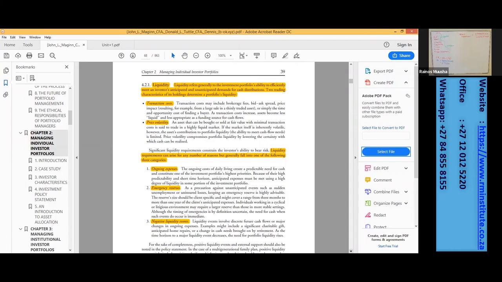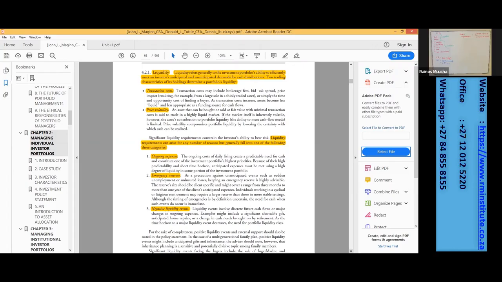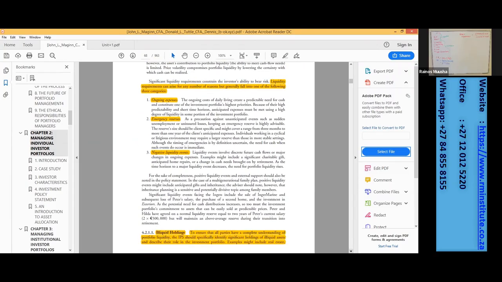So ideally, you need to create an emergency reserve, so that if there's any need for cash that you need to withdraw, it's going to be taken out from the emergency reserve, and not taken out from the investment portfolio. And any negative liquidity events are going to end up affecting the liquidity of your portfolio as well. So all these factors are the ones that are going to be affecting the liquidity of your portfolio.